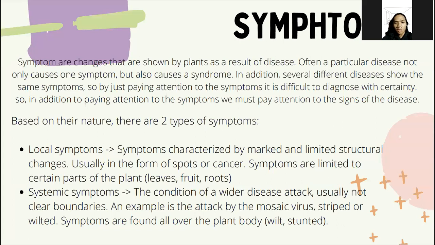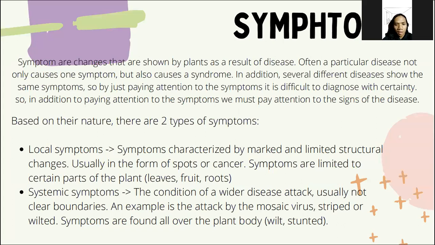Based on their nature, there are two types of symptoms. The first, local symptoms. Symptoms characterized by marked and limited structural change, usually in the form of spots or cancer. Symptoms are limited to certain parts of the plant: leaves, fruit, and roots.